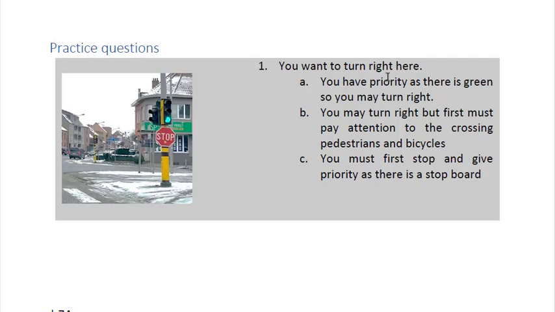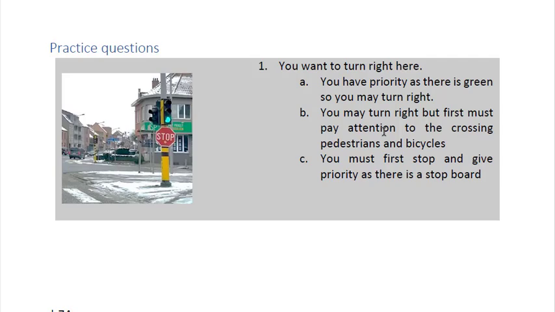So option A is incorrect. Option B is correct. Why? Because we have seen in this lesson turning right or left is always a maneuver. So when you're doing a maneuver, you are leaving your lane and you are entering someone else's lane, and then you must watch out and give priority to the road users of that lane.